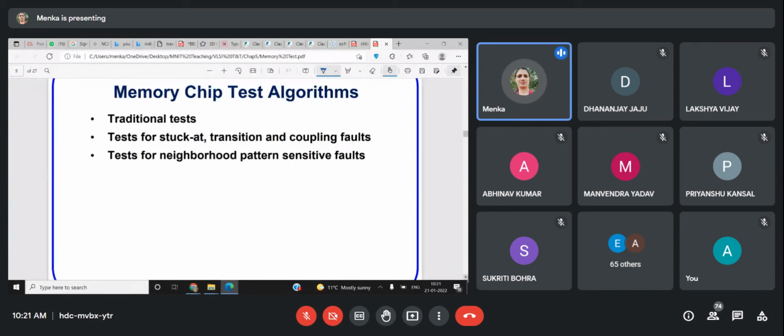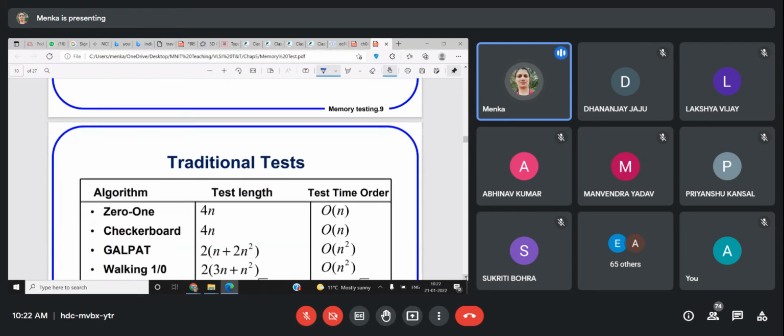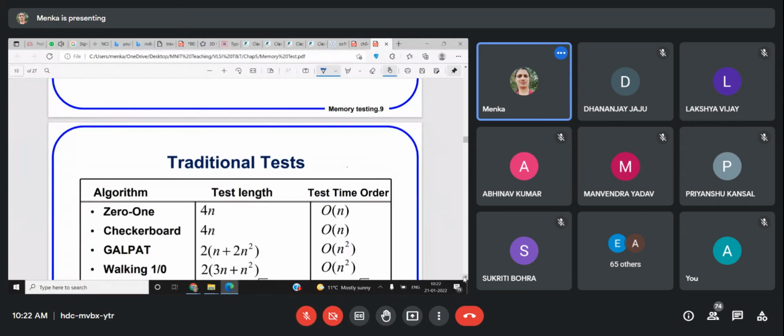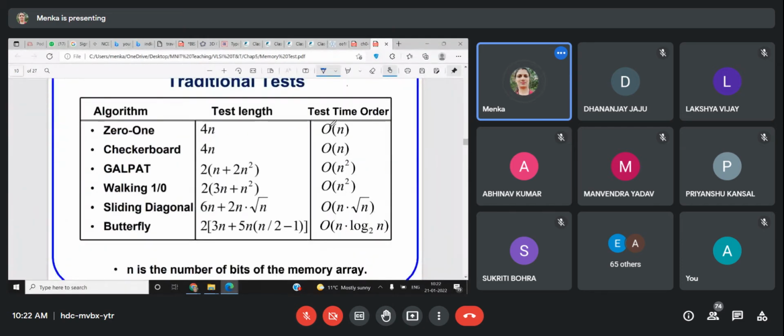Memory chip test algorithms. Memory chip test algorithms may have traditional tests for stuck, transition, and coupling faults, and tests for NPS faults. These are the traditional test algorithms. 0, 1.